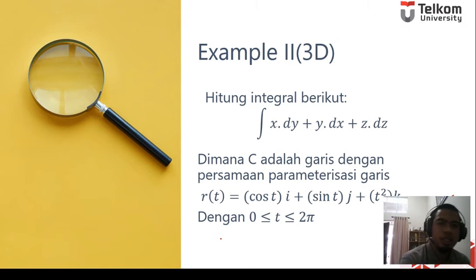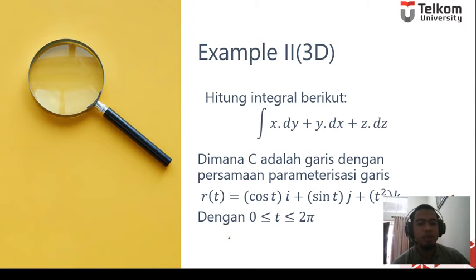Next is the example for 3D space. In 3D space, as we mentioned before, x dy plus y dx plus z dz. But in here, we already defined r(t) equal to cos t i, sin t j, and also t squared k.